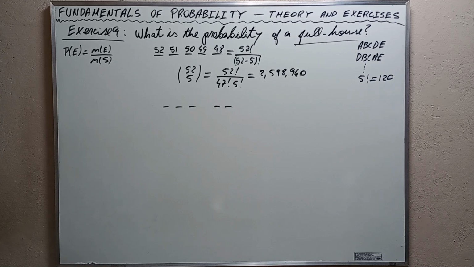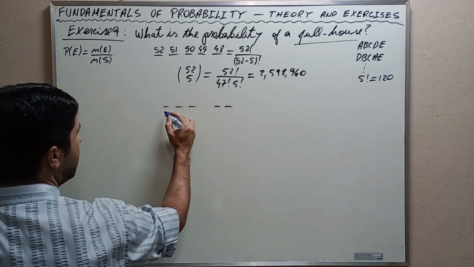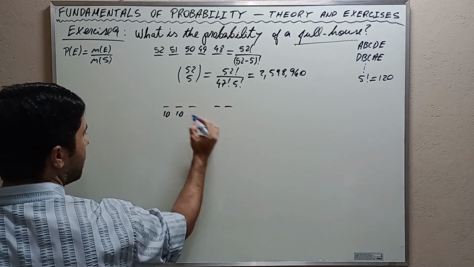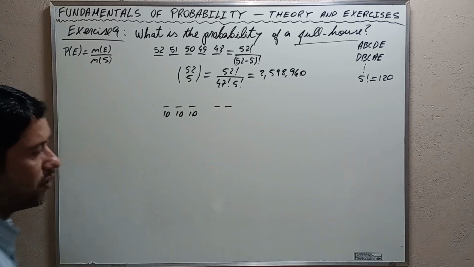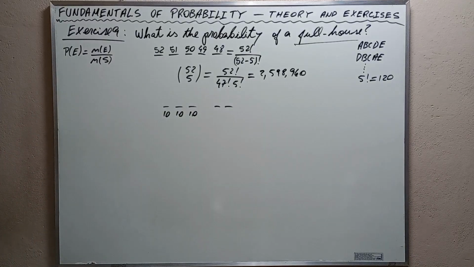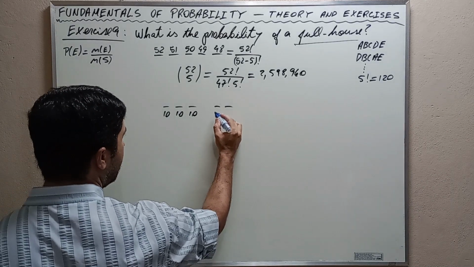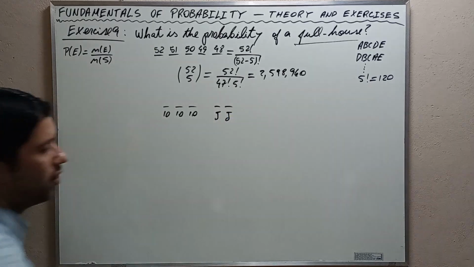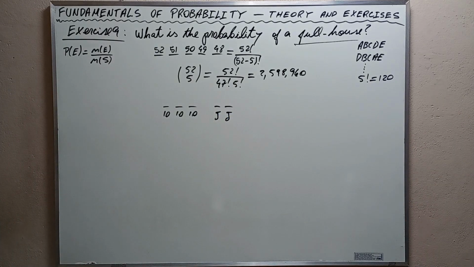Let's suppose that this card here is a 10, this card here is a 10, and this card here is a 10. And let's suppose that this card here is a jack and this is a jack. And how many 10s are there in a deck? We have 4 suits.